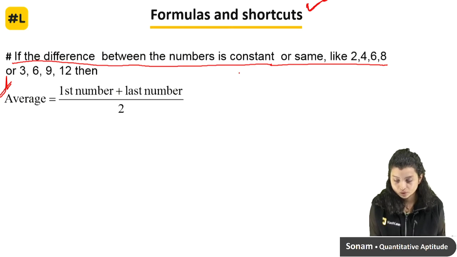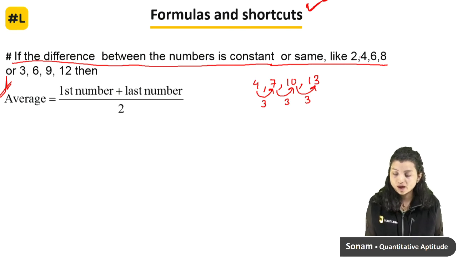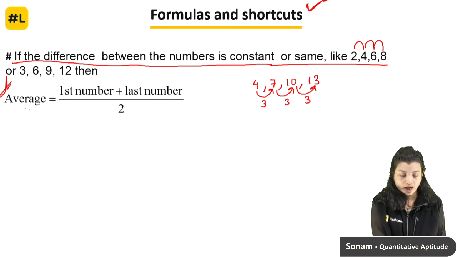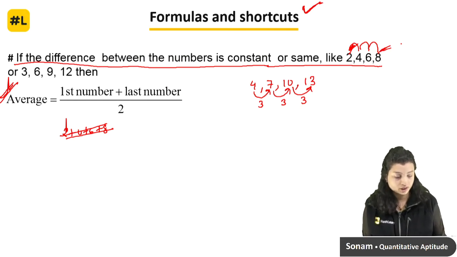So if I give you numbers like 4, 7, 10, 13, do you see one thing common over here, that each term is increased by 3, correct? Each next term is increased by 3. So whenever you have a constant difference, how to find average, instead of doing 2 plus 4 plus 6 plus 8, something like this, you can directly do the first term plus the last term and divided by 2.